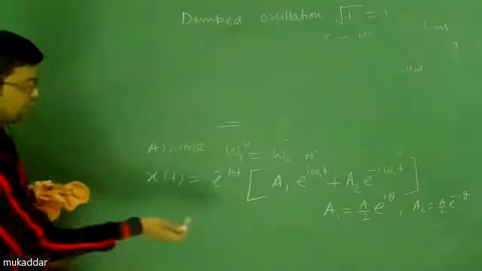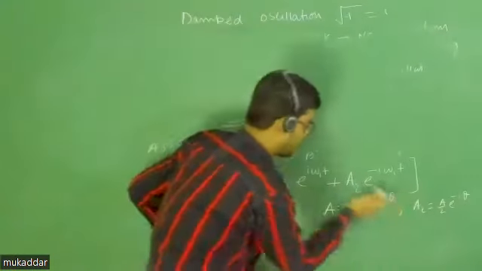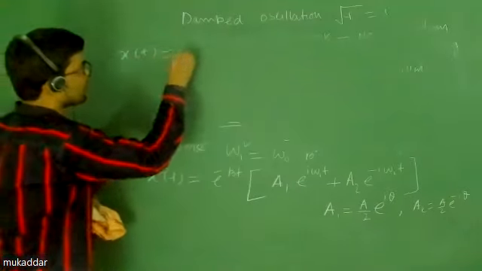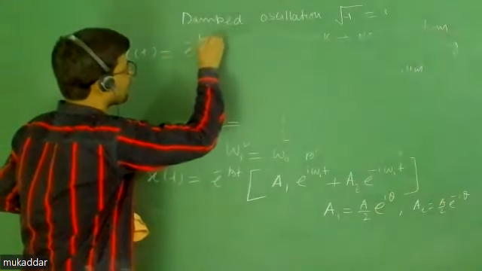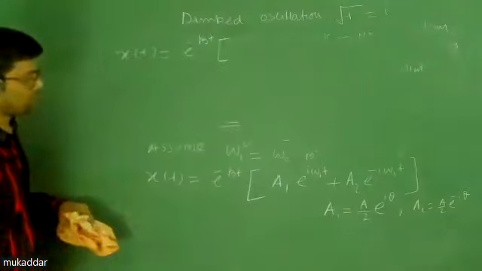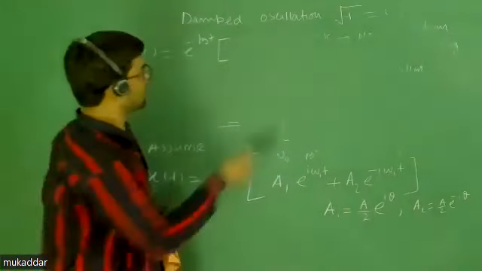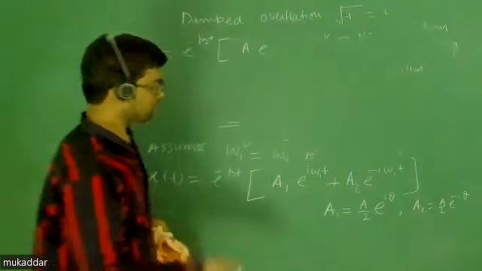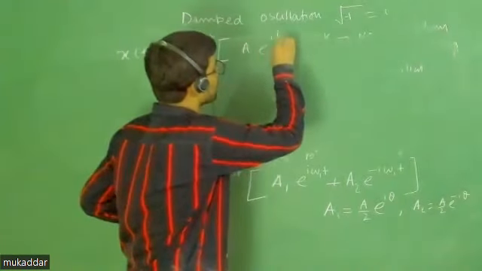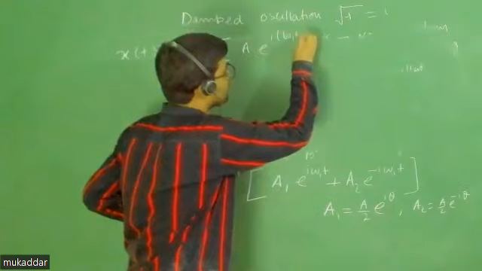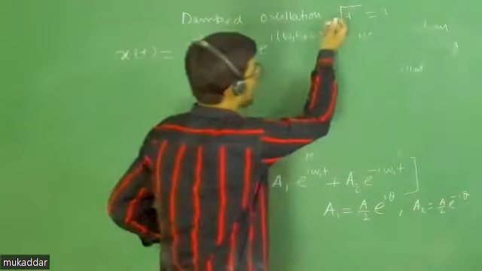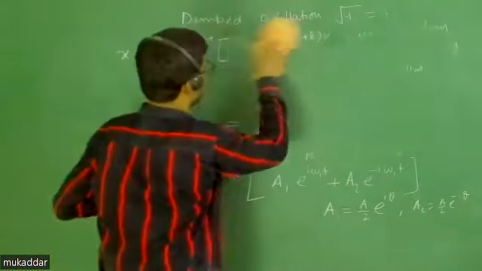When you substitute a1 here and a2 here, what will you have? You'll have the solution x(t), that will be e to the power minus beta t, and then you'll have a into e to the power i omega t plus theta.